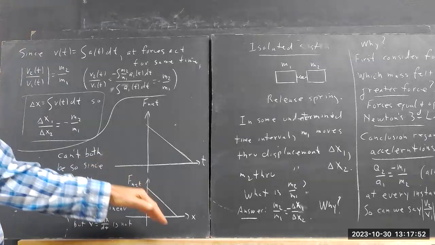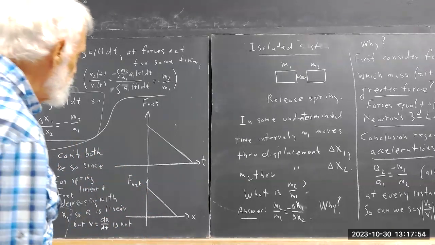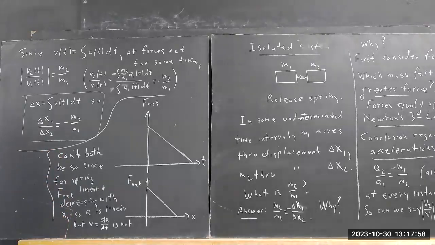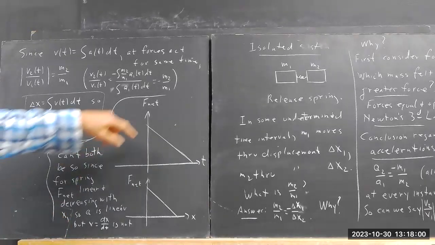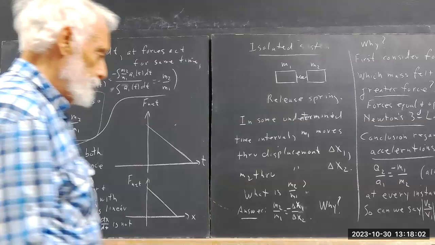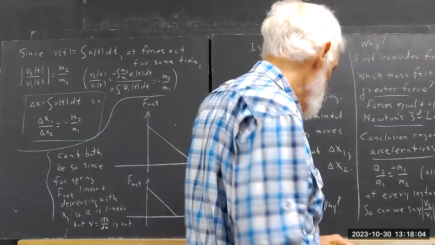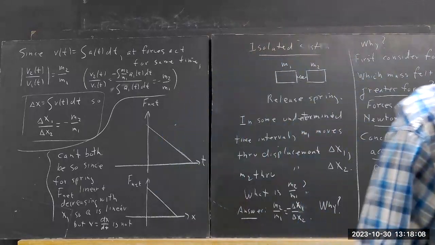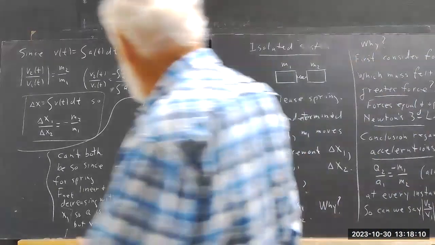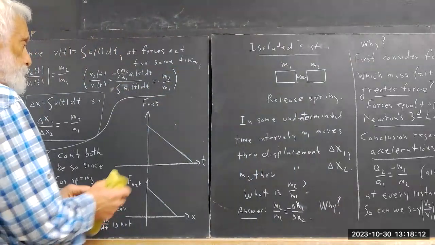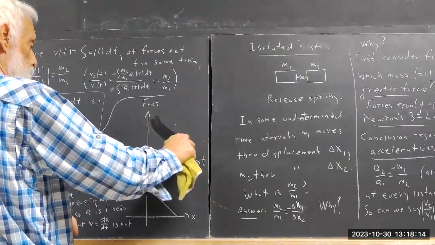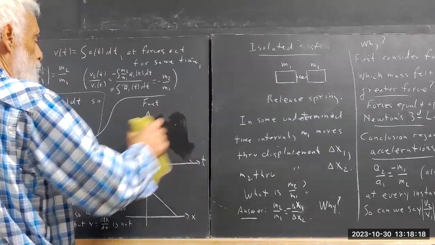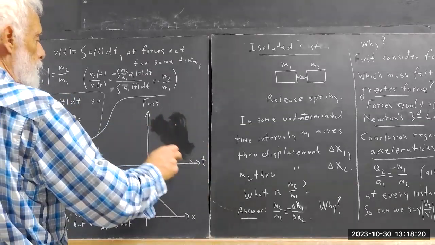Since the force isn't constant, dx/dt is not constant. This phrase, you'll hopefully get the idea. So that this won't be constant. What's going to happen is the graph is going to look like this. The graph is going to go from a maximum to zero.